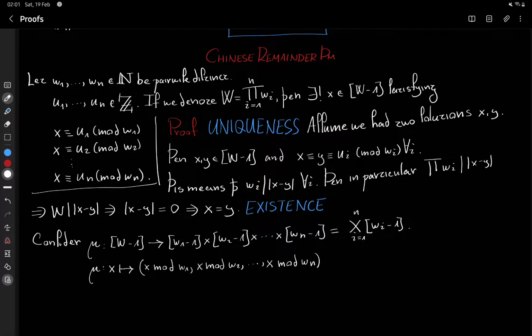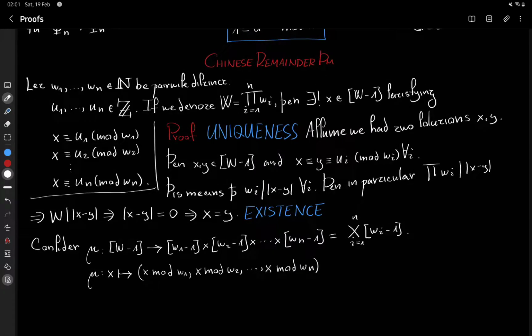So why are we doing this? This looks horrible. Well, my friend, because we have essentially proven in the previous section, the uniqueness section, that this map is injective. Right, that's essentially what the uniqueness section says.